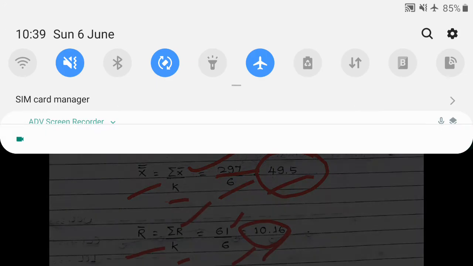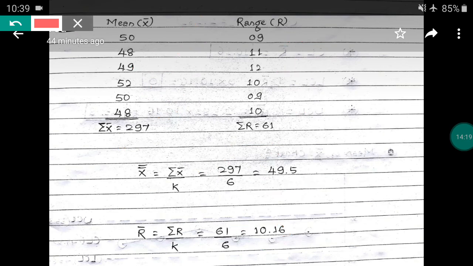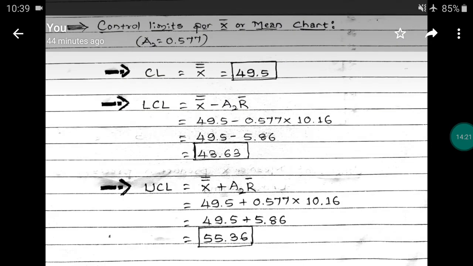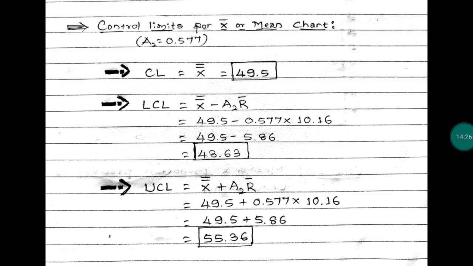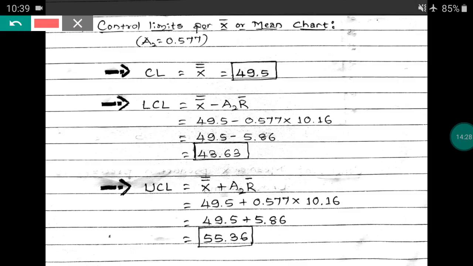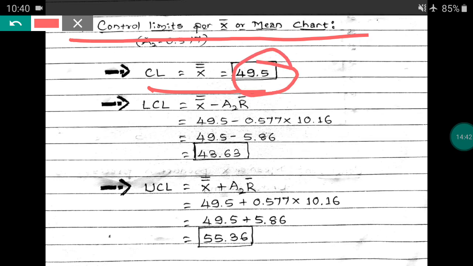Next, calculation of control limits for X bar. Now what are the control limits we are having? CL is equal to X double bar, equal to 49.5. Now come to the LCL. LCL equal to X double bar minus A2 R bar.